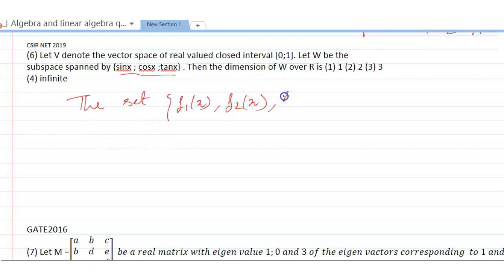So let's start. f1(x), f2(x), f3(x). This is the total set of functions. What is the W(x) value, friends?